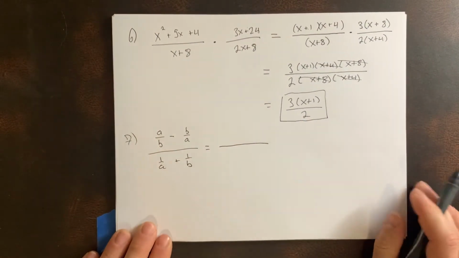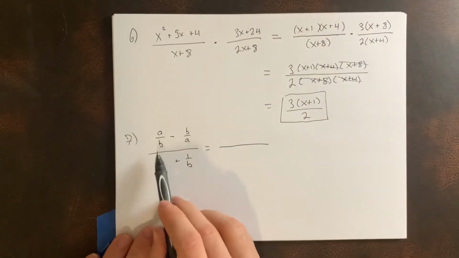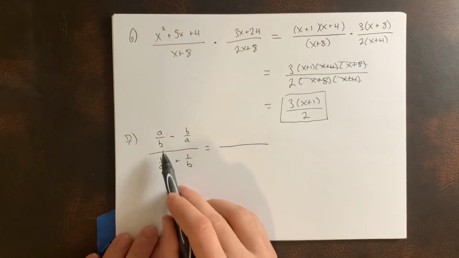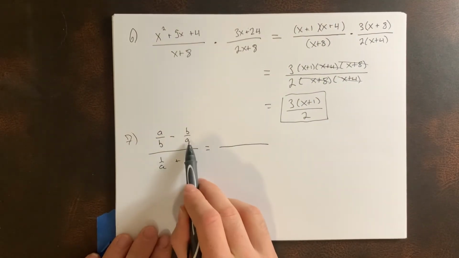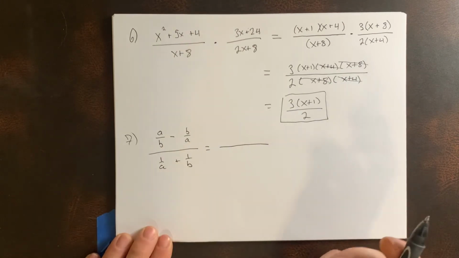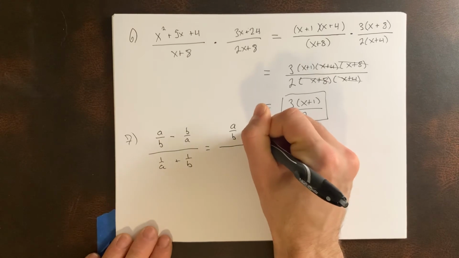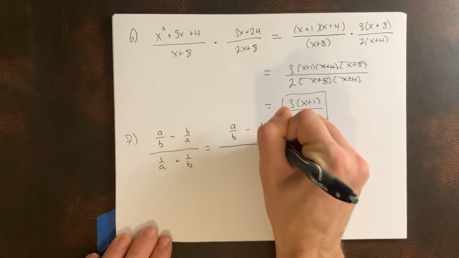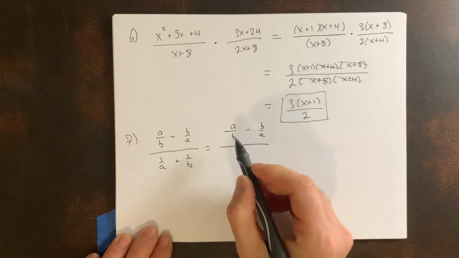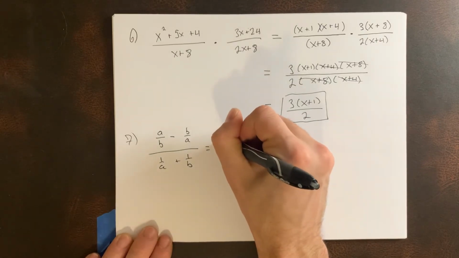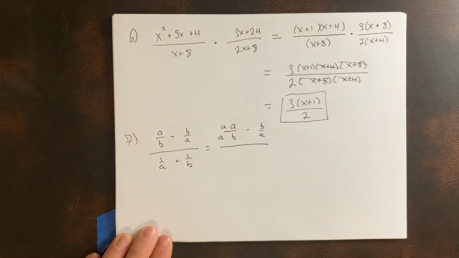So if we combine these fractions on the top, well, we need to get a common denominator. This one has a b in the bottom of it, this one has an a in the bottom of it. So the common denominator is going to be ab. So here's our a over b minus b over a. If we want them to be the same, let's put an a in the bottom of this one, and then an a on the top of this one.